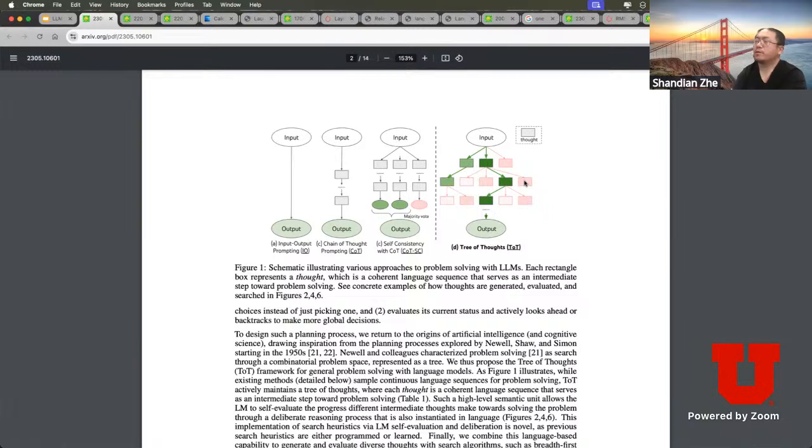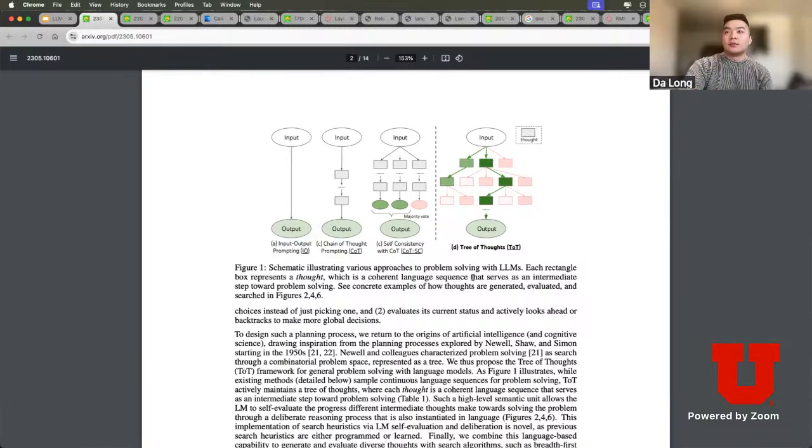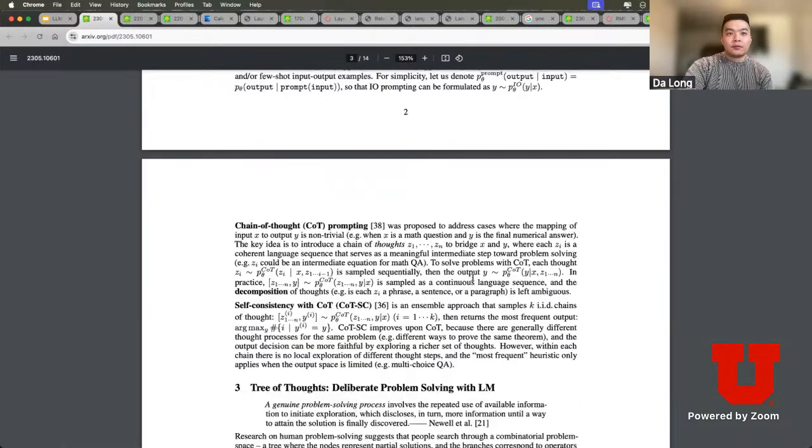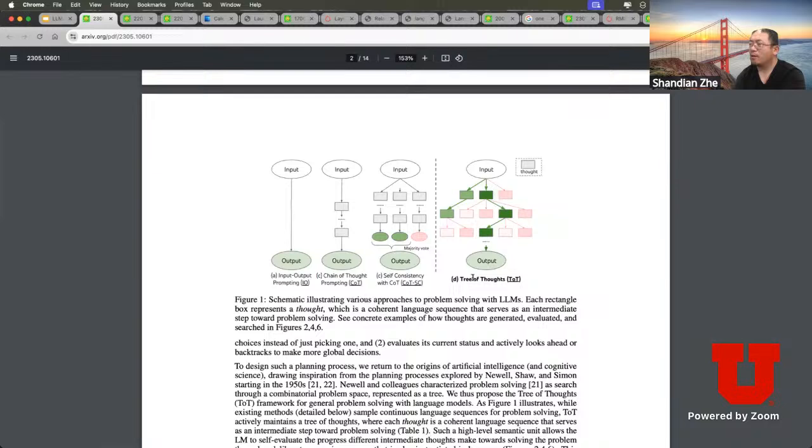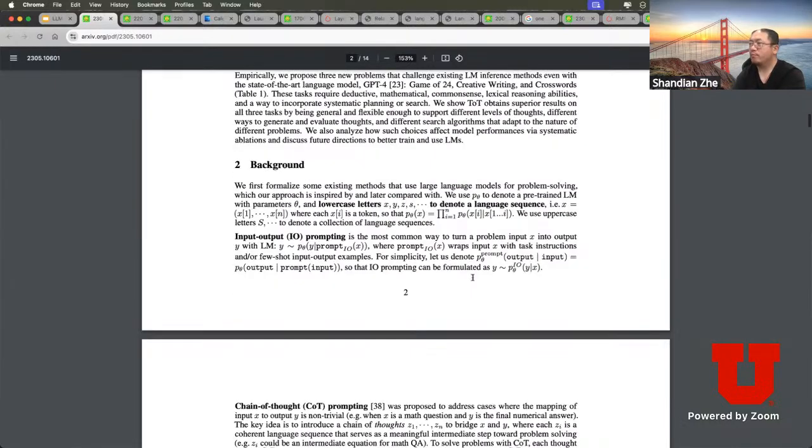Oh, so this is all about how you let the model do inference according to your need, right? Yeah. Okay. So they invent heuristics to get your best chain of thought.